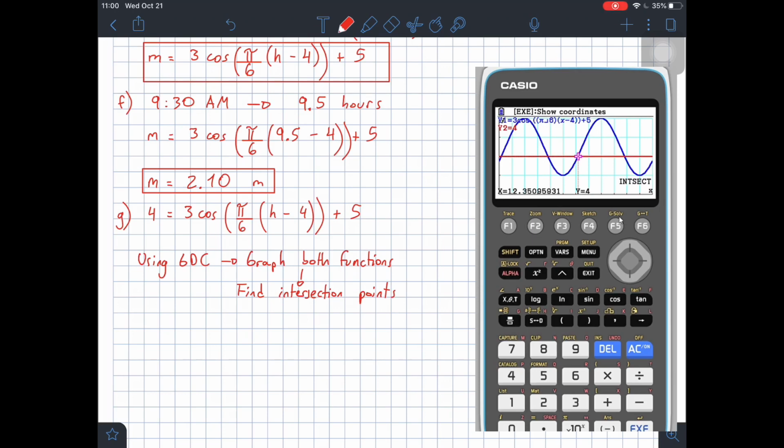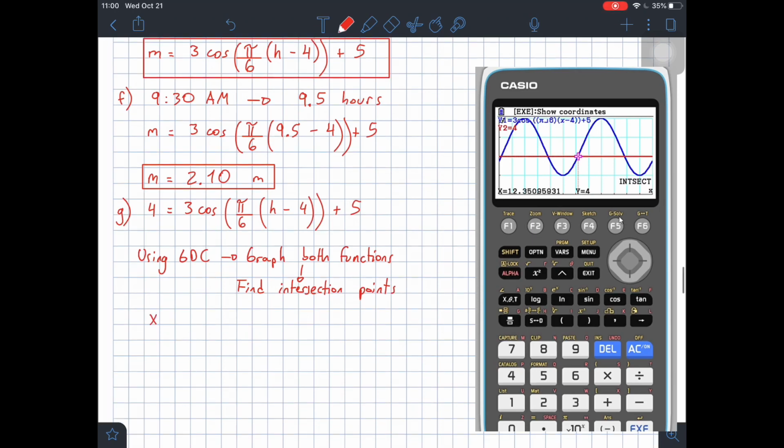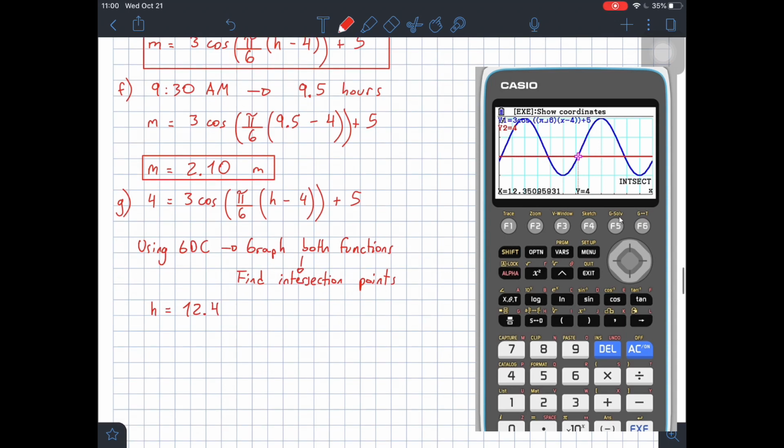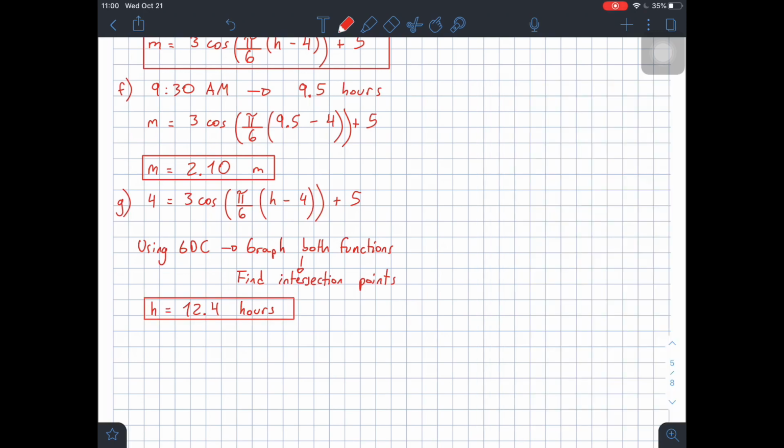So we get that the first time where he can get out is at h equals 12.4 if we round to three significant figures. That means that this is kind of like 12:20 a.m. Around 12:20 a.m. he will be able to get out of the harbor again, basically.